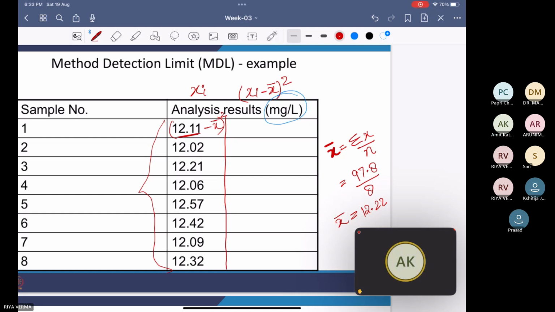Okay, so we'll do this together. 12.11 minus 12.22, इसका स्क्वायर करेंगे, we have 0.0121. Next, 12.02 minus 12.22, इसका स्क्वायर 0.04.